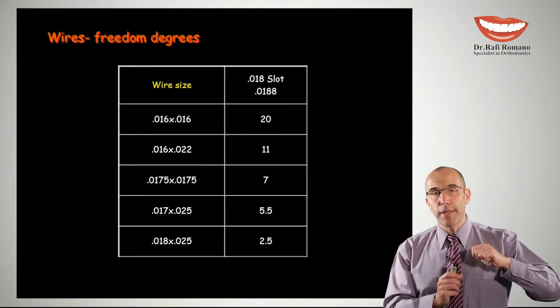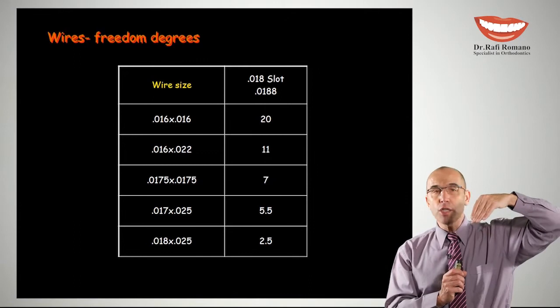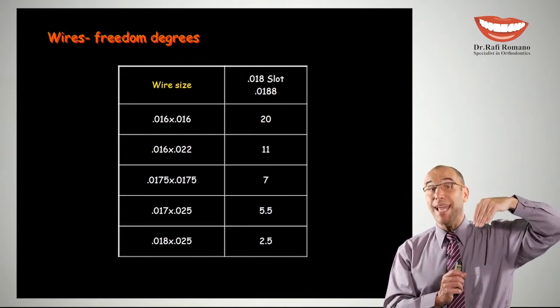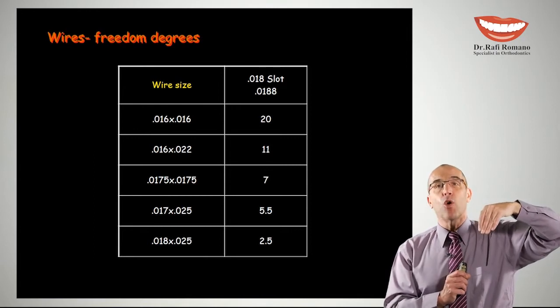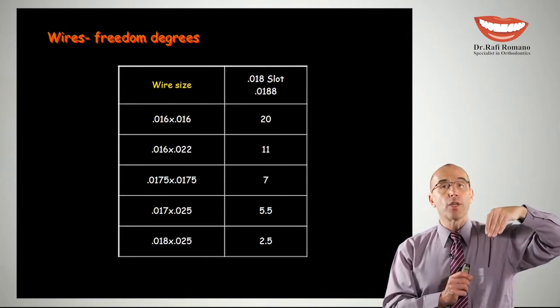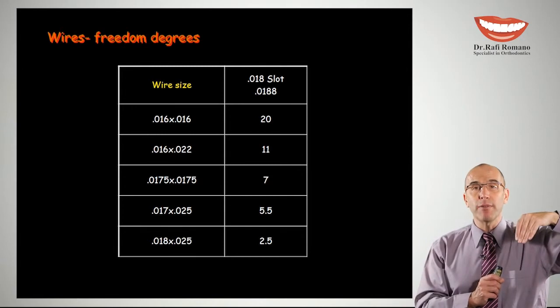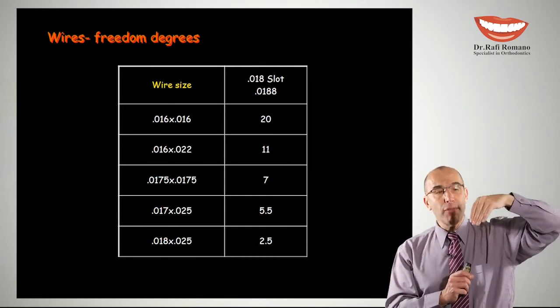You should remember that there is freedom because we do not fill the slot. We have an 18 slot and we use only 16 by 16 wires or 16 by 22 or even 18 by 25, but we have freedom.